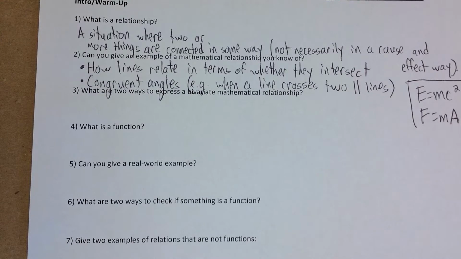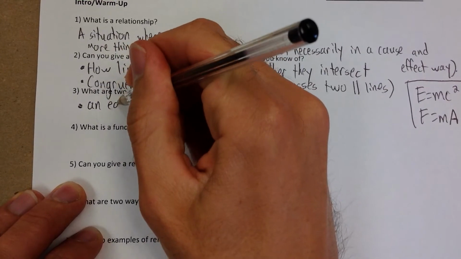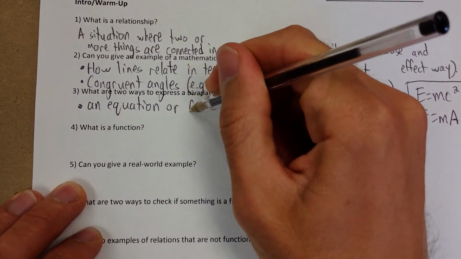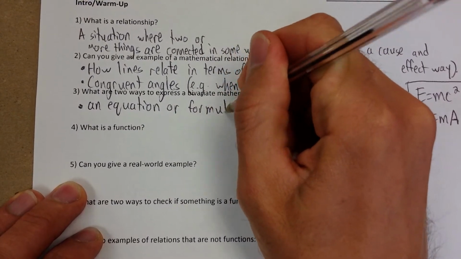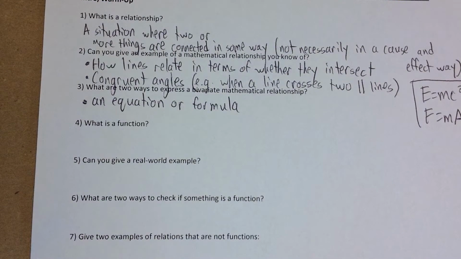That's one way. Okay, you could refer to it as a formula as well. E equals mc squared, for example. So equations are shortcuts.